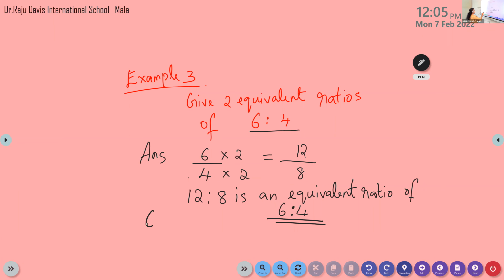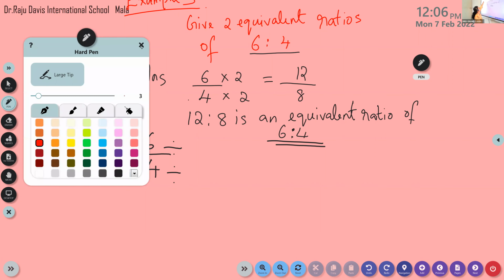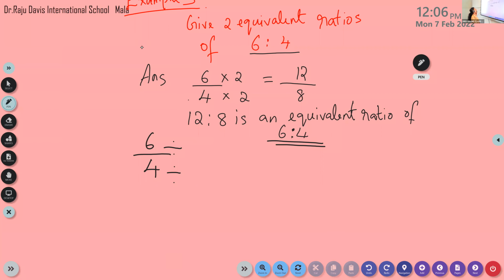Now, children, tell me, 6 by 4, divide by the same number. By which number can you divide both 6 and 4? 3. Can I divide 4 by 3? No. You can divide 6 by 3, but you should divide the denominator by the same number also.